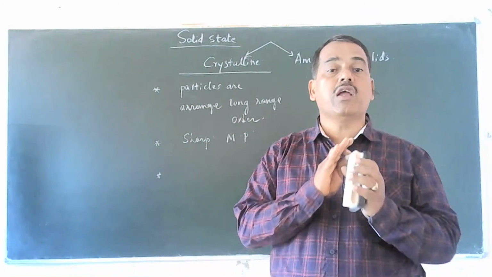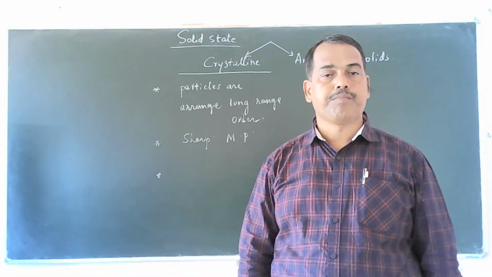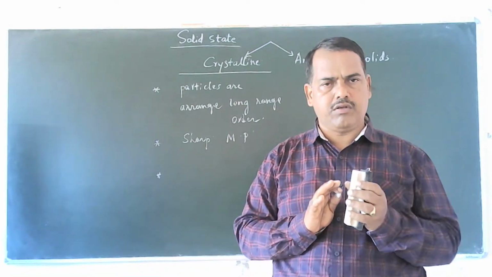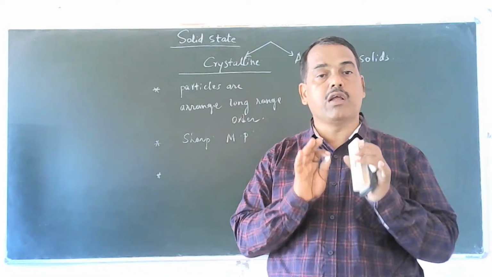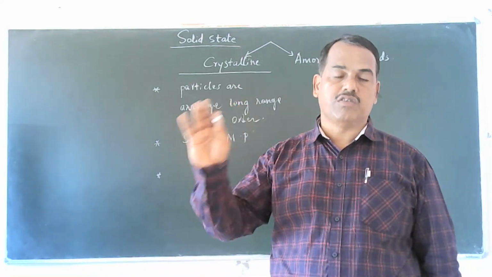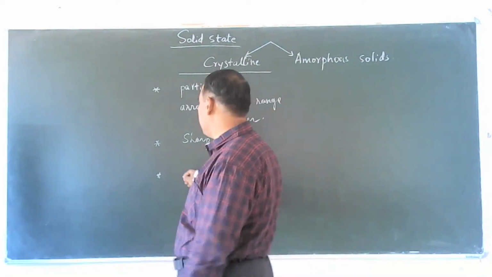See, it can cleave in a clean surface. A clean cut is possible. A very clear surface, a smooth surface we can find. So that is nothing but a cleavage property. It can cleave with a smooth surface. Are you clear? So that is nothing but cleavage.